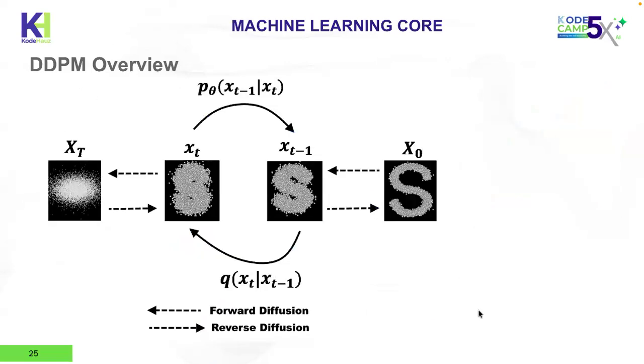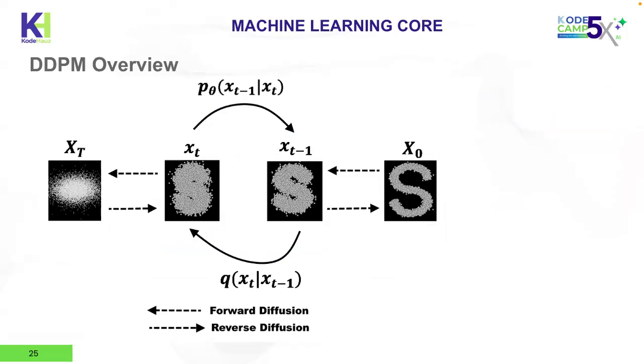So this is DDPM, right? You start with X0, this is the actual image, and it even has a little noise to it. This is the forward process.